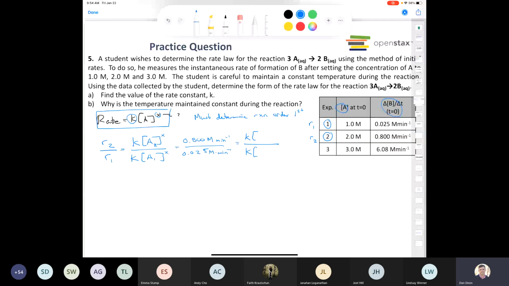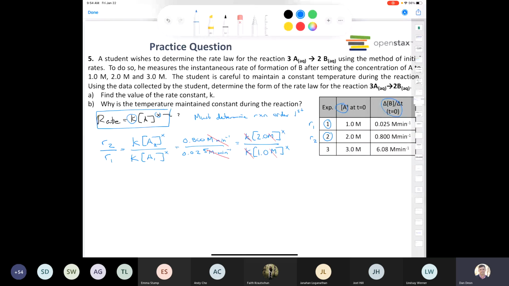The concentration of A in reaction 2 is 2.0 molar to the power of X, and the concentration in the first one is 1.0 molar to the power of X. Look what happens when we divide these. The units, moles per liter per minute, cancel. The K cancels. The molar cancels. So all I'm left with are the numbers, right?